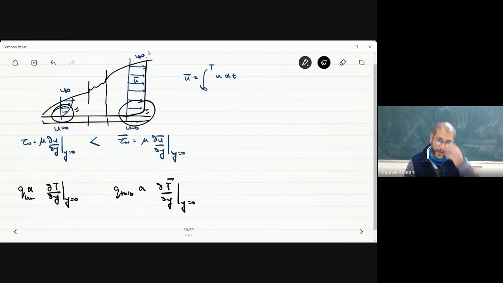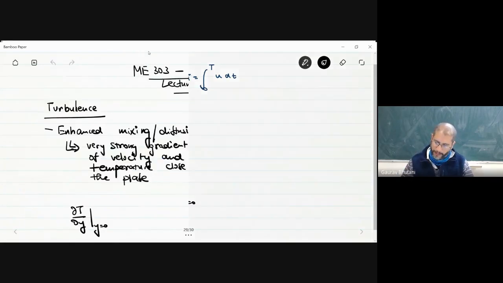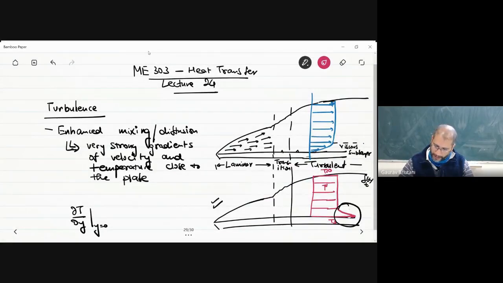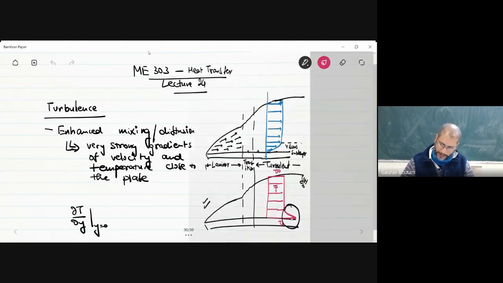Since the molecules are fluctuating, their temperature is also fluctuating if we do a measurement. So we tend to take an average of the temperature at a given point, and then we calculate the average temperature profile. The temperature profile that I had drawn in the previous slide was for T bar. So T bar is defined in a similar sense.